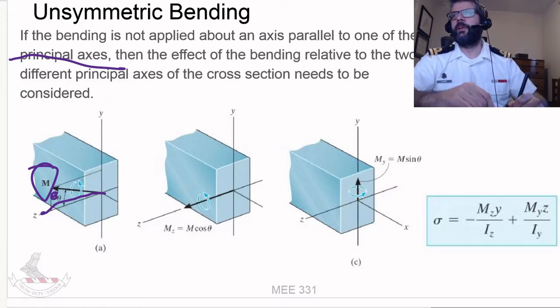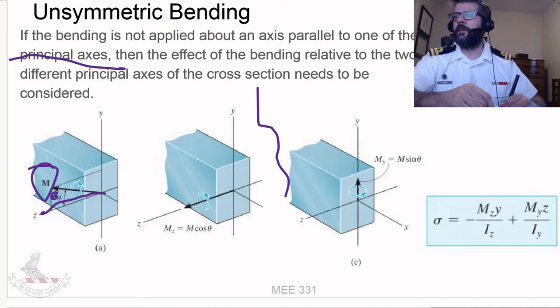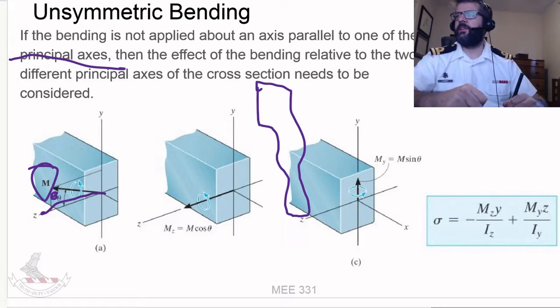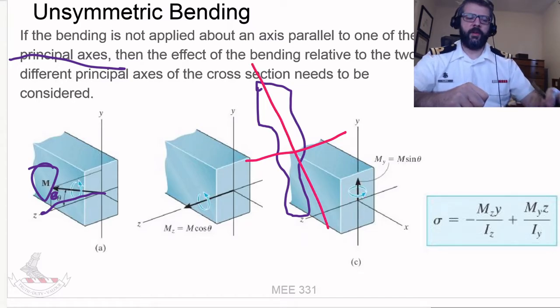So, for example, if you have a weird shape, if you have a cross section that looks like this, then just at a glance, I would say that your principal axes are probably going to be something like this, maybe a bit higher.